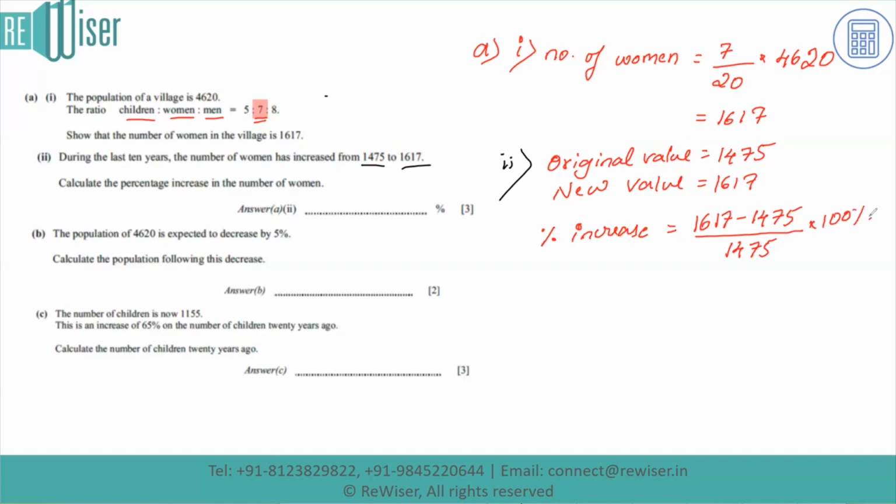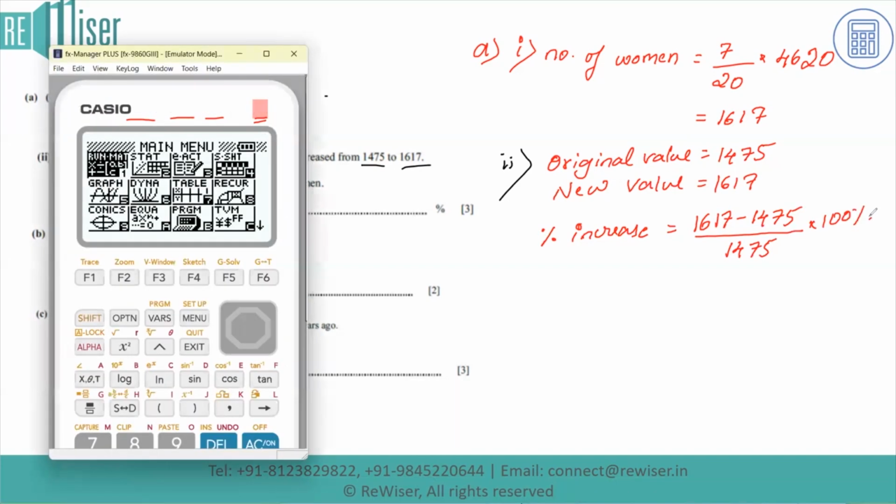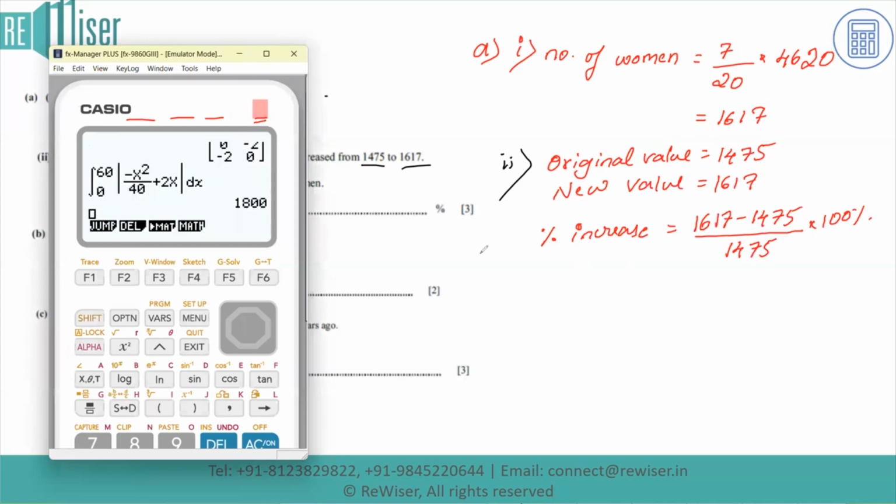Let's see what result we will get if we put this in the calculator. On the calculator, I'm going to write it in the form of a fraction. So 1617 minus 1475, and that entire thing divided by 1475, and this multiplied by 100.